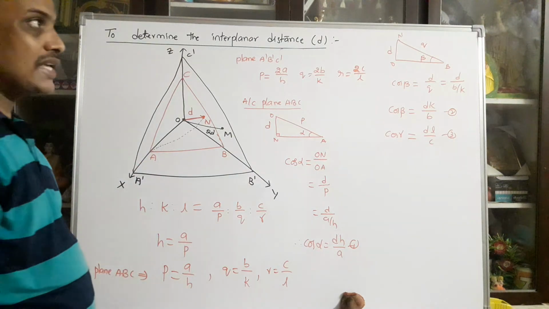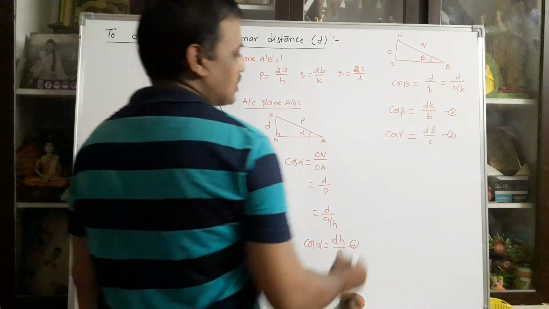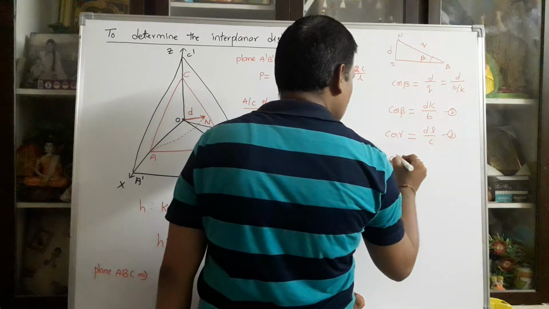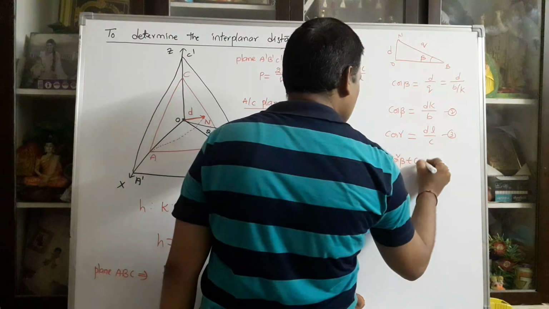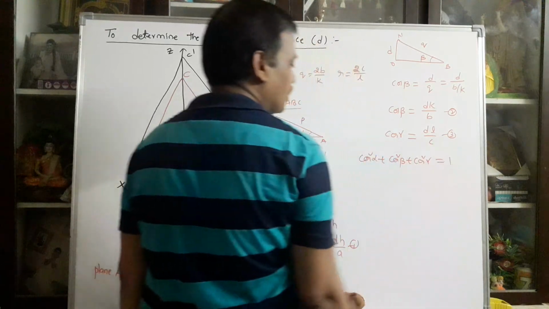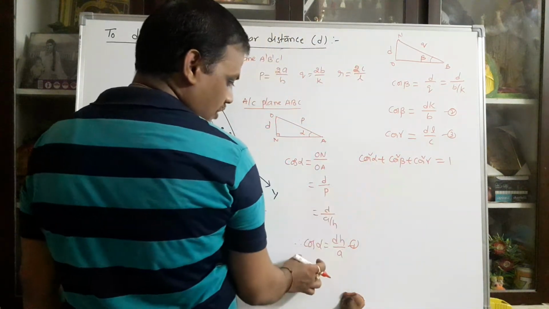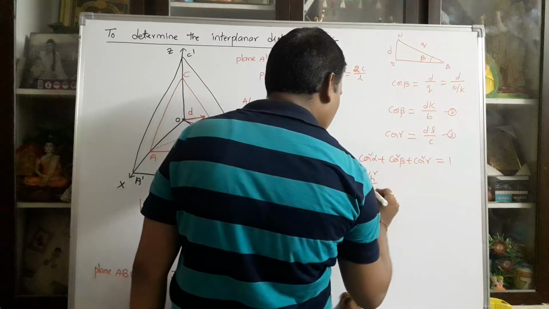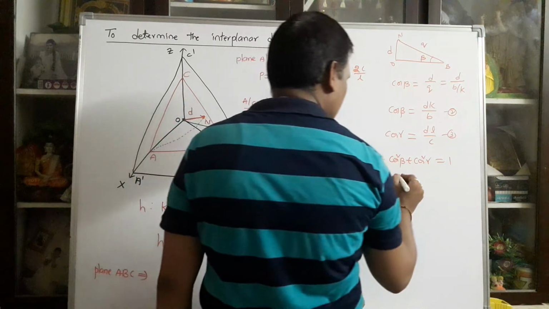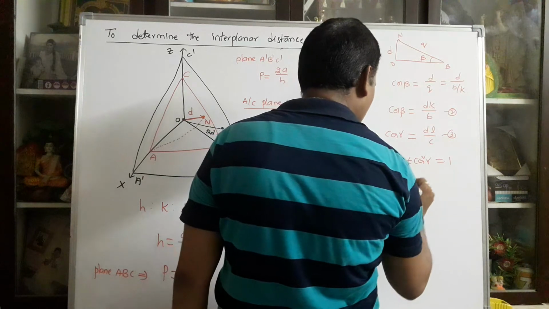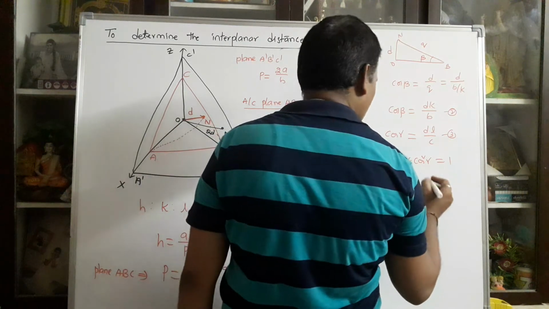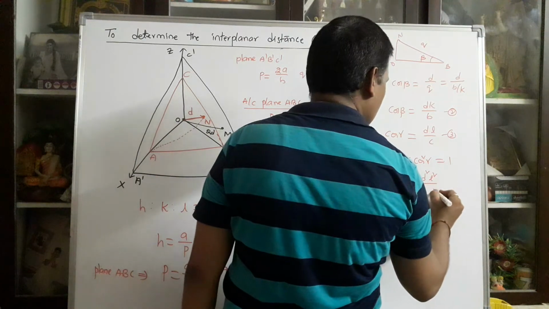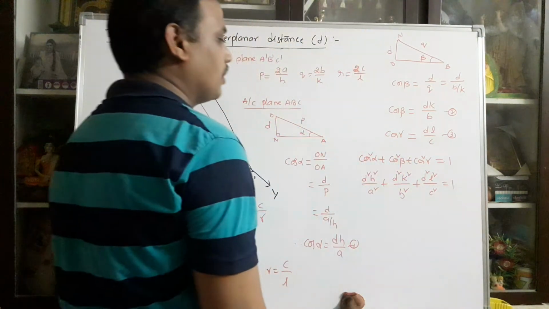We know the cosine law: cos square alpha plus cos square beta plus cos square gamma is always equal to 1. So from equation 1, this can be written as d square h square by a square plus d square k square by b square plus d square l square by c square is equal to 1.